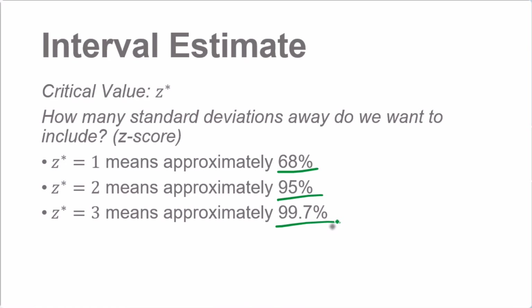So this is where the idea of confidence level comes in. We're never going to be 100% sure that we're getting all the possible outcomes from our interval estimate, because the sample is randomly selected, and most likely our sample proportion is quite close to the population proportion, probably within 1 or 2 standard deviations.